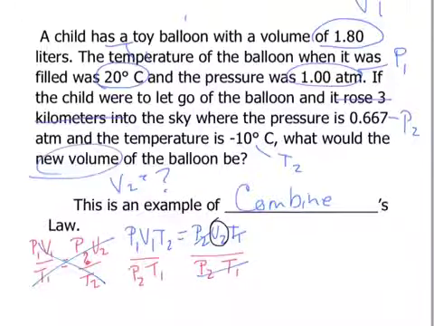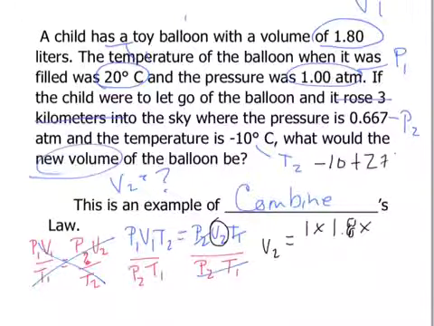So let's go ahead and plug in the values for this. V2 equals my P1, which was 1 atm, times my volume 1, which was 1.8, times my temperature, and remember you have to convert that to Kelvin. So in this case, we're going to take our negative 10 plus 273, which is going to equal 263.